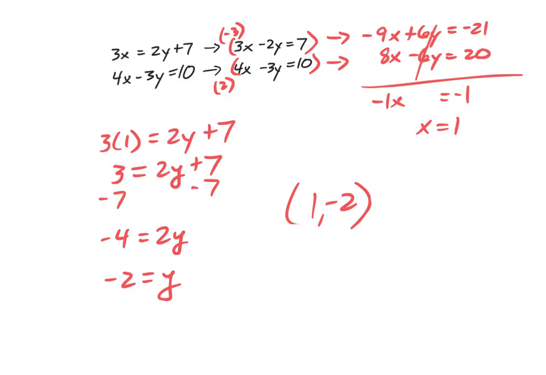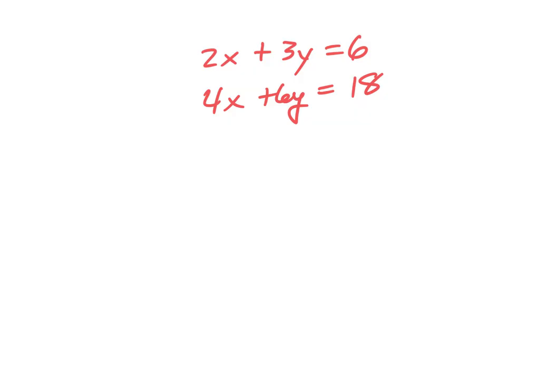All right, I got one last one I'm going to show you here. Okay, once again, right now we don't have any opposites. So I'm either going to make these opposites or these opposites.